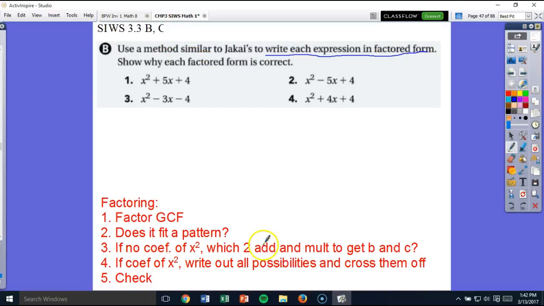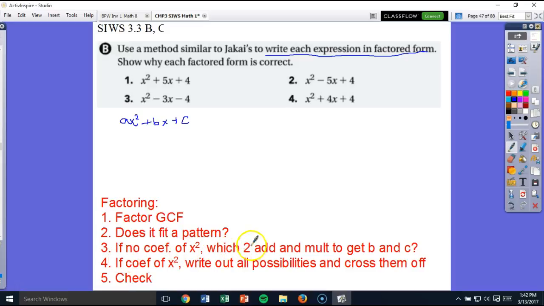But if no coefficient of x squared, which two factors add and multiply to get b and c? Remember, this is ax squared plus bx plus c. I would encourage you to get out your notes from Frogs, Fleas, and Painted Cubes because we're just building on everything we had there. So go ahead and open those up.